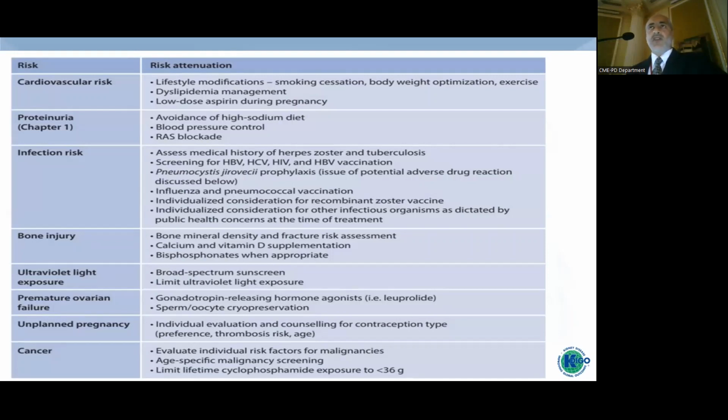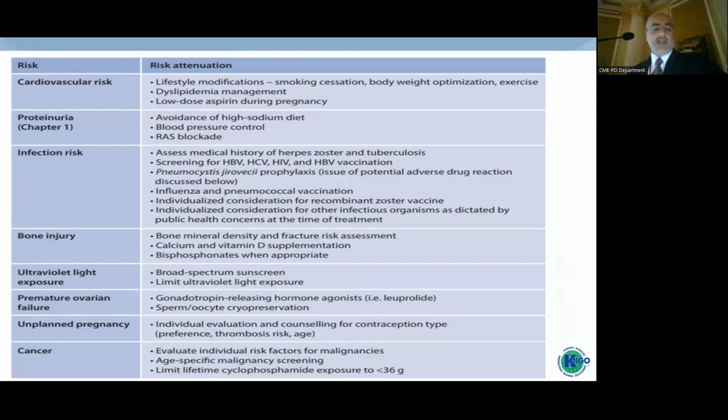Proteinuria management by avoiding a high salt diet, proper blood pressure control, especially by using RAS blockade, and infection risk reduction by proper vaccination and screening for associated viral infections like hepatitis B, C, and HIV.